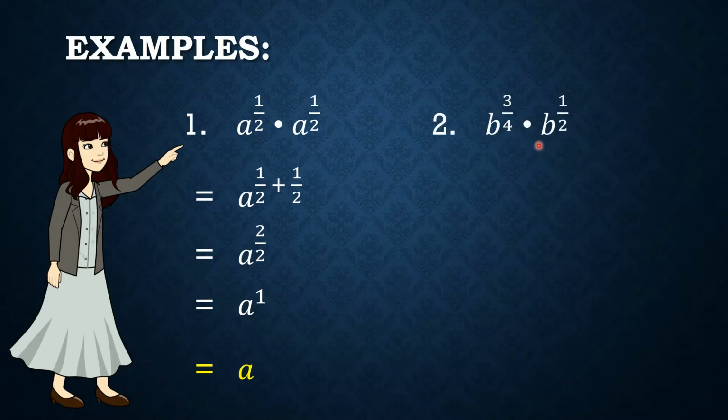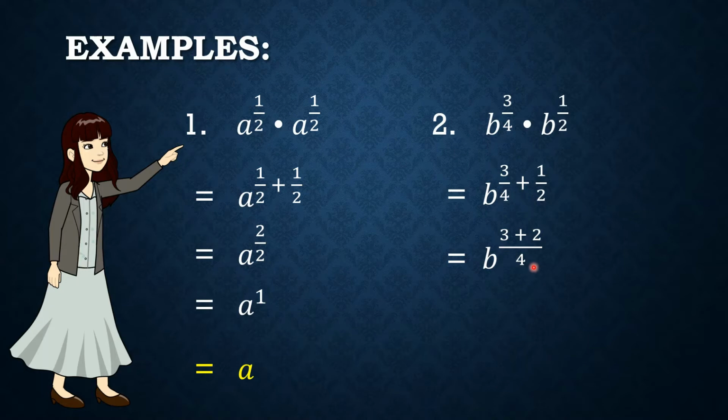Number 2, b raised to 3/4 times b raised to 1/2. So keep the base, then add the exponents. So b raised to 3/4 plus 1/2. Our fractions do not have the same denominator, so we need to get the LCD. The LCD of 4 and 2 is 4.